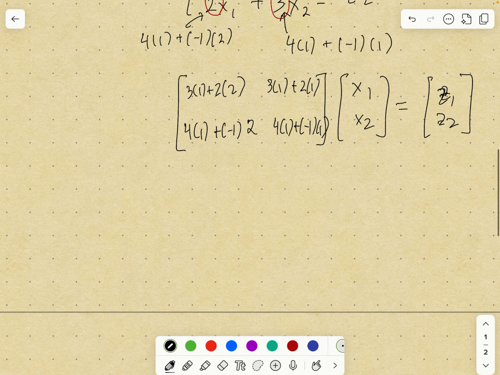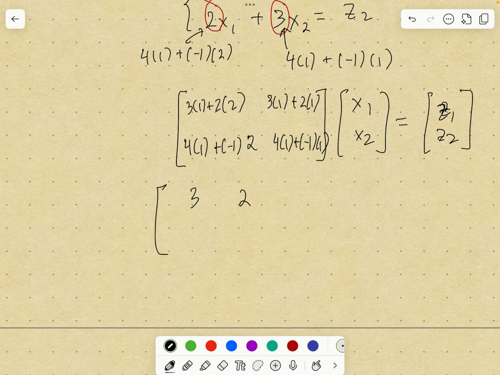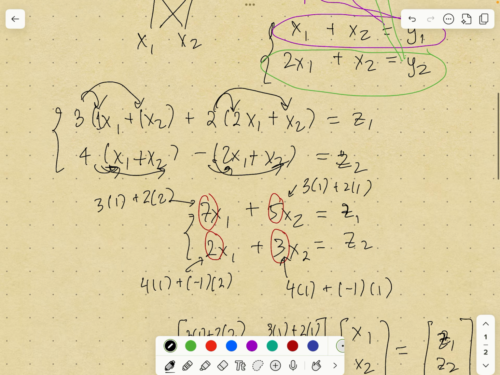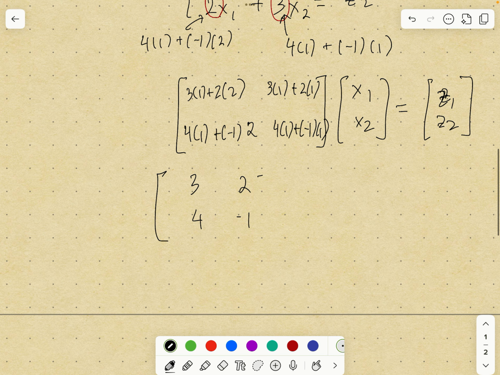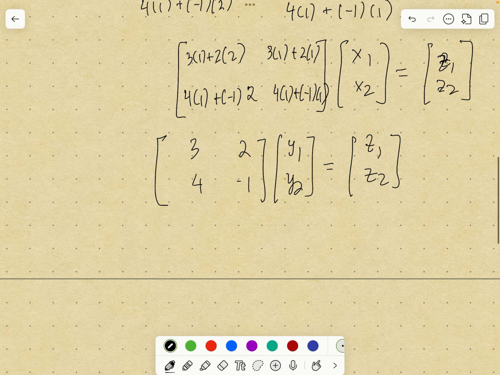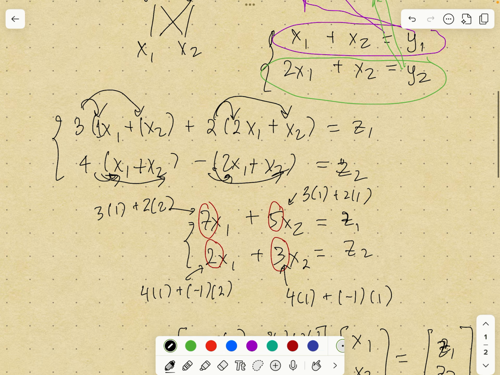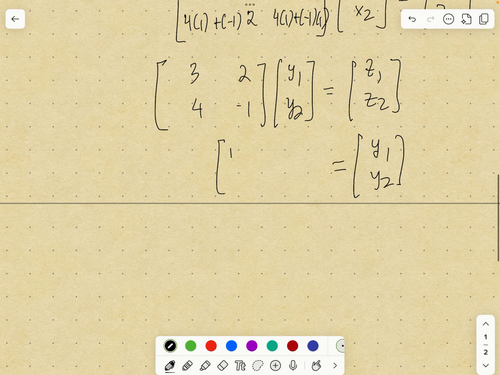Because the first system of equations I can write as the matrix 3, 2, 4, negative 1 times y1, y2 equals z1, z2, and y1, y2 is this matrix times x1, x2.